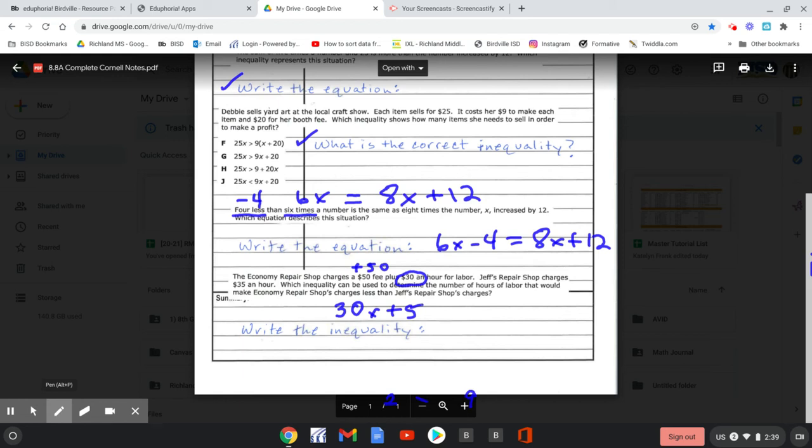Jeff's repair shop charges $35 an hour. Which inequality can be used to determine the number of hours of labor that would make the economy repair shop charge less than, so that was our first one. So I'm going to put less than Jeff's repair shop charges. That would be less than 35x. That's how you would write that out.